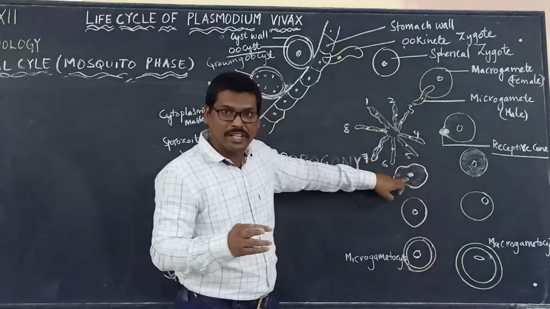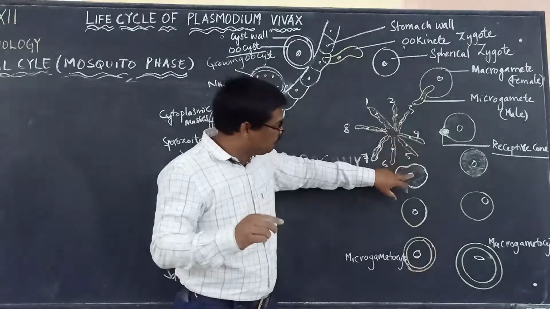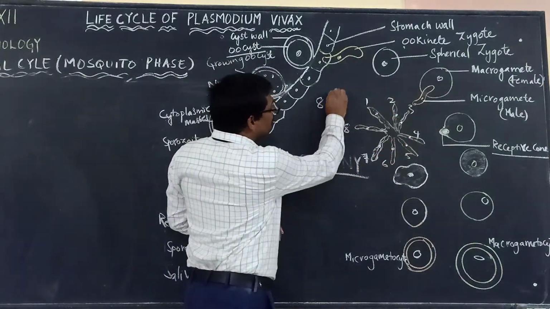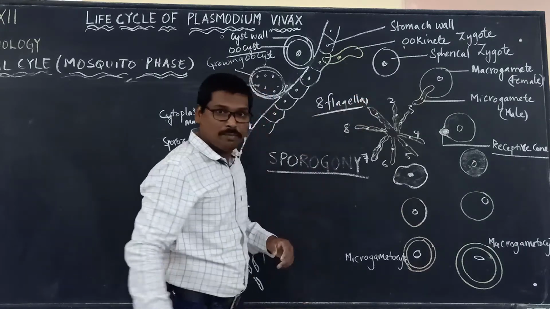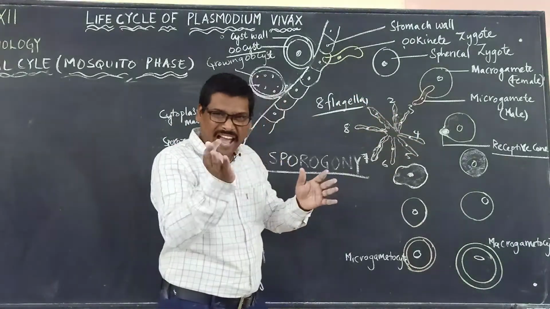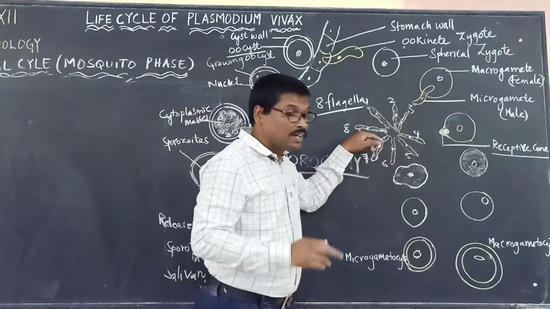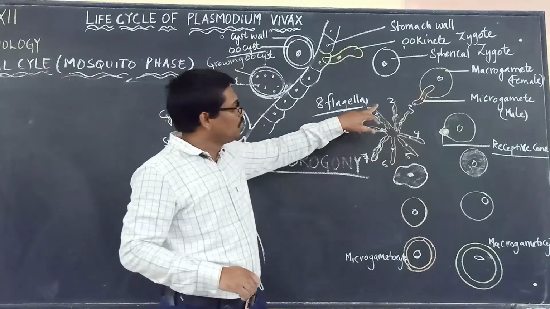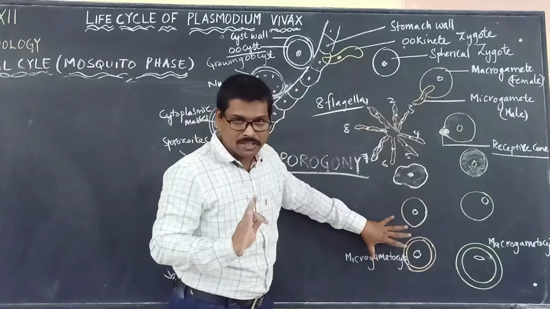There is only one nucleus; it divides and enters into all these flagella, and from one microgametocyte there will be 8 flagella-like structures. With a lashing movement they get separated from each other, and each one behaves as a male gamete. One of the male gametes will fuse with the female gamete. This is how the male gamete is formed.